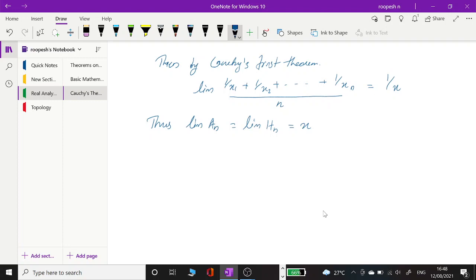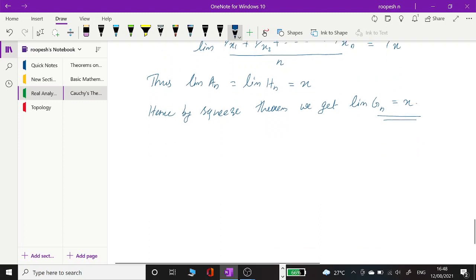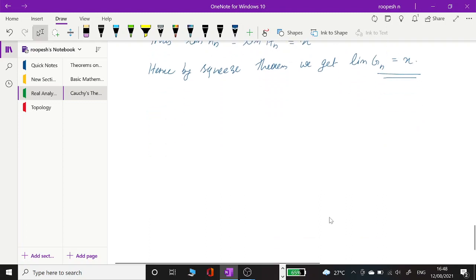Hence by Cauchy's theorem, we get limit of Gn is equal to x. Thus in all cases, this we have proved. Now we have got a corollary, 3.2.13, and 3 corollary.